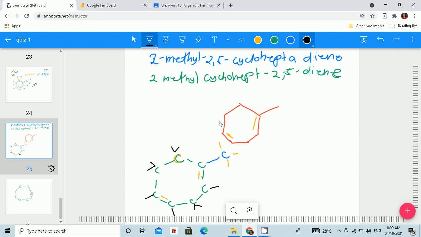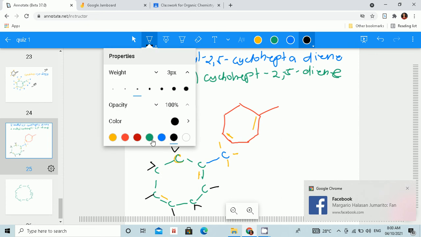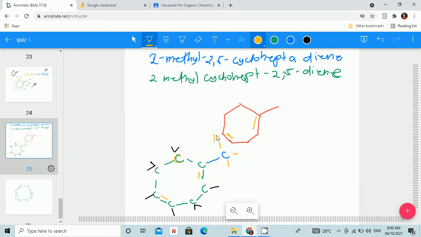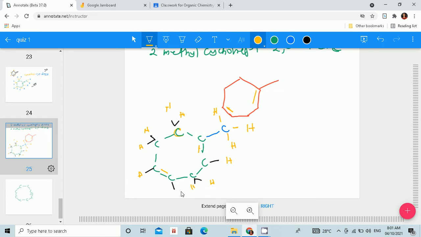Then let's distribute the H. We have H here, H, H, H, H, H, H. Then we have H. Okay. Then we have also H here. So this is our complete structure. Okay, so that is our number 5.